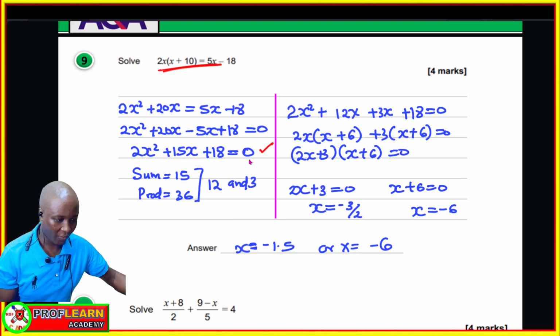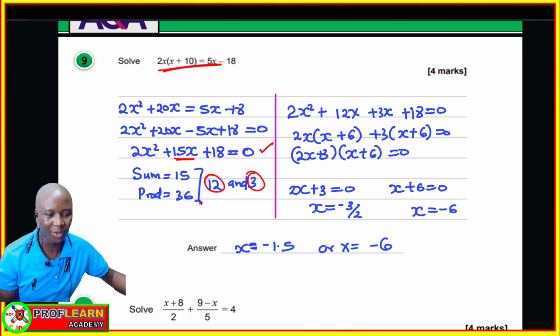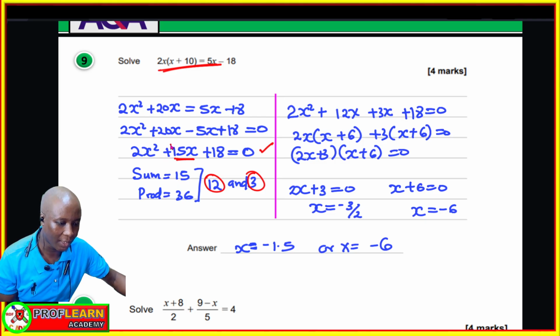So I used factorization. Once I got this, I needed to find two numbers whose sum is 15 and whose product, 2 times 18, will give us 36. If you take 12 plus 3 it will give us 15, but 12 times 3 is going to give us 36. So I was quite confident that those two numbers are the best numbers which I can use to split the middle term.